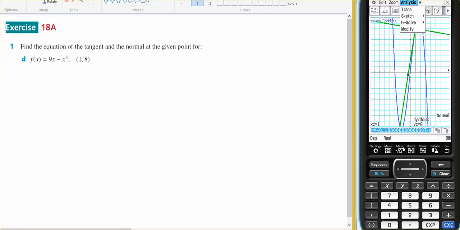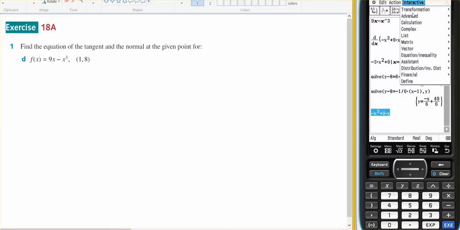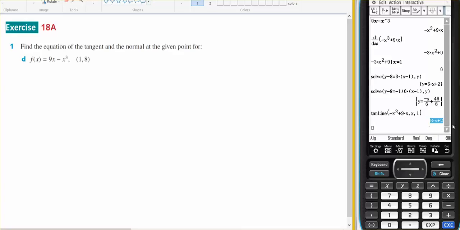If I go back up into main and I take my expression, that is the cubic that I'm looking at, and select interactive calculation, line, tan line at x equals 1, here is another method that gives me the equation y equals 6x plus 2.